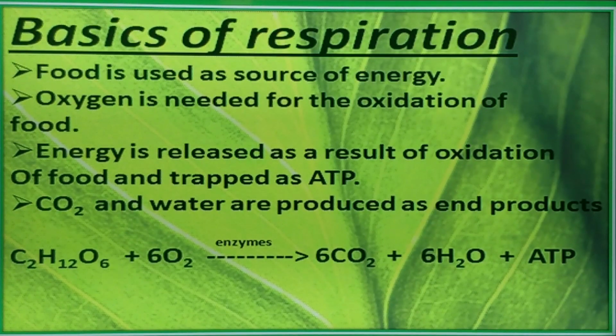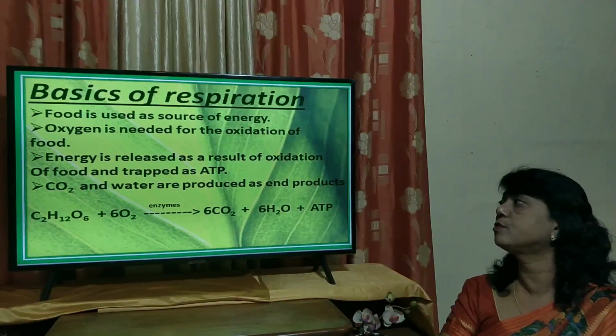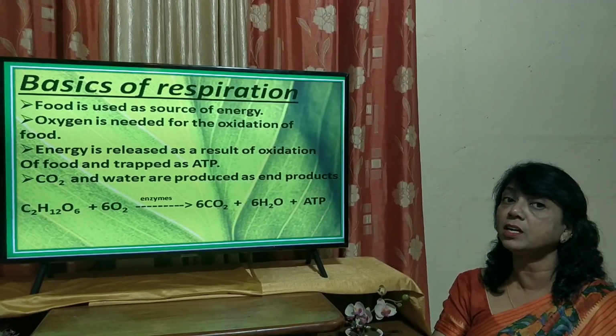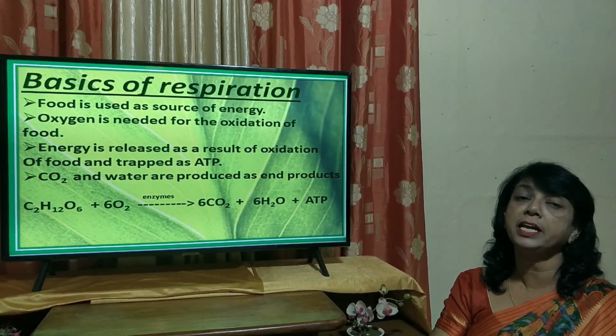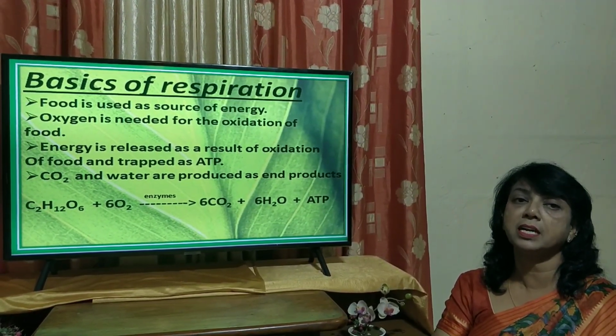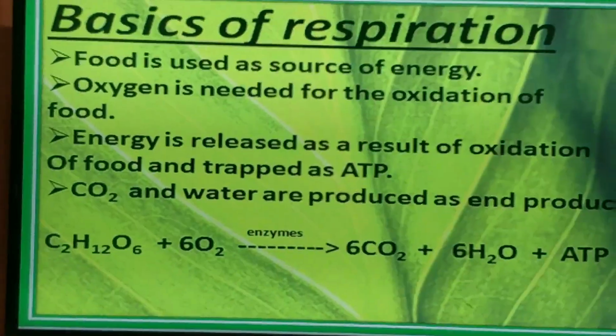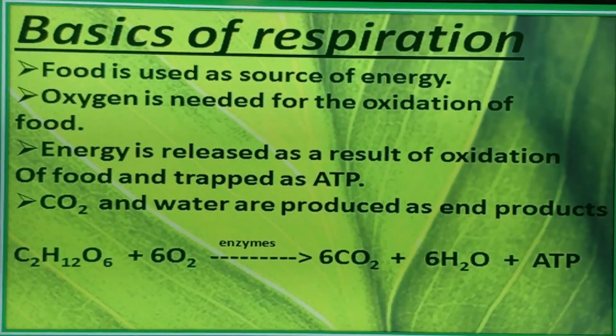If you remember, ATP means adenosine triphosphate, which is also known as the energy currency of the cell. It provides immediate energy to the cells. Carbon dioxide and water are produced as end products.